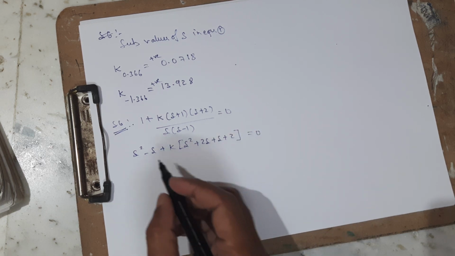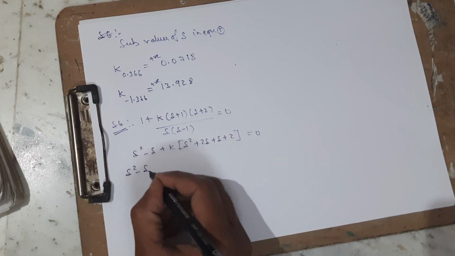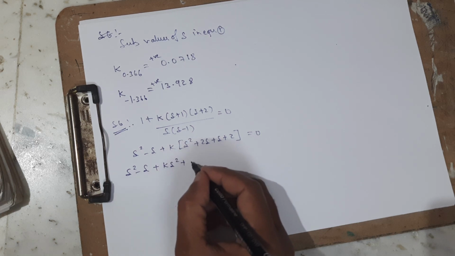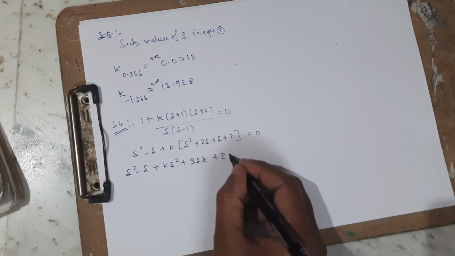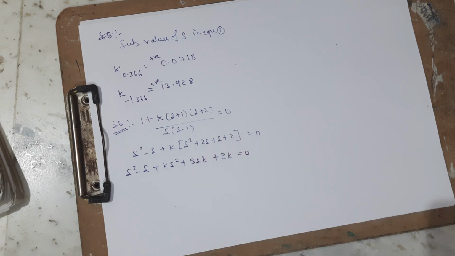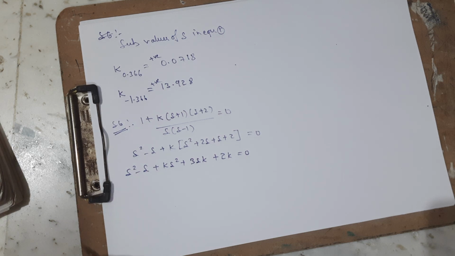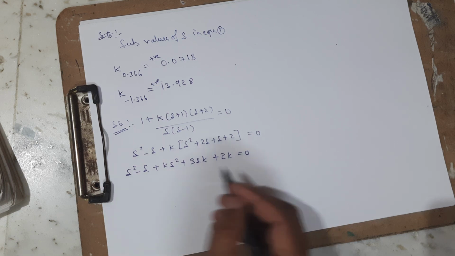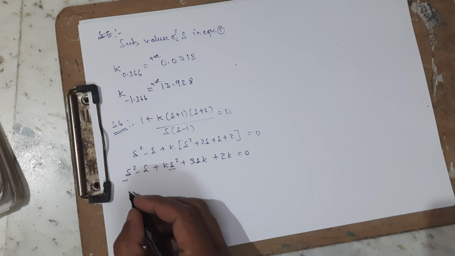Now I am going to take the K inside: s square minus s plus K s square plus 3sK plus 2K is equal to 0. So I need to write the characteristic equation in decreasing order, right? That is s square. So if I simplify this, s square and s square, I am going to take the common as s square.